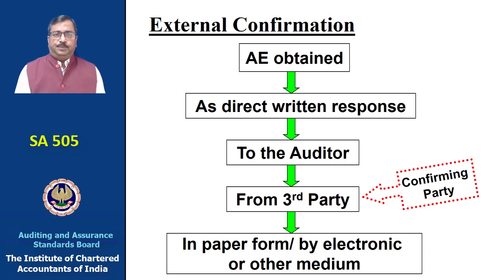For example, to confirm the balances of receivables, the auditor can select certain parties, write to them, and get confirmation about balances and transactions during the audit period directly at the auditor's address, and thus it is verified with the books of accounts of the auditee. If exceptions are noticed, the auditor may deal with them appropriately while reporting on the audit.